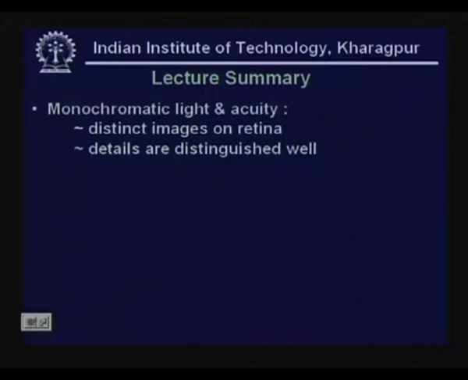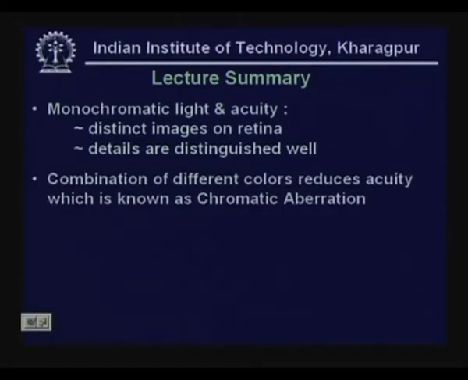With monochromatic light, the eye functions or acuity is at its peak and forms distinct images on the retina, and a combination of colors does reduce the acuity. We saw how when an eye is focused for a yellow light, if you find a red signal or a blue signal, the image is formed behind or ahead of the focal point, and thereby there is an error.